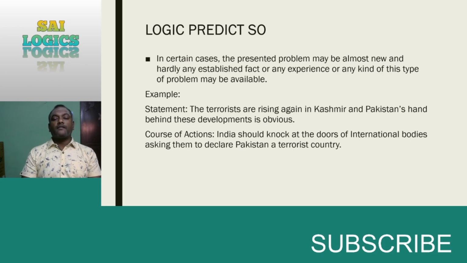Many times, Pakistan has violated the agreements between the two countries, but whenever they violate, what our diplomats will do, they will knock the doors of developing countries or UNO to help in this matter. That is what our people will be doing. So we need to suggest the same course of action if they are available.